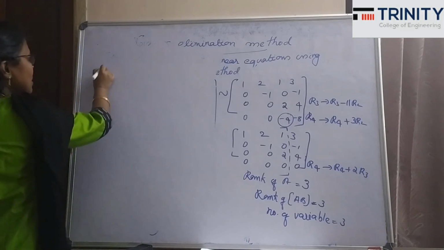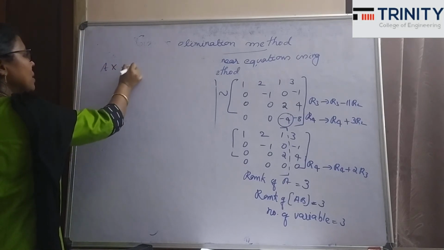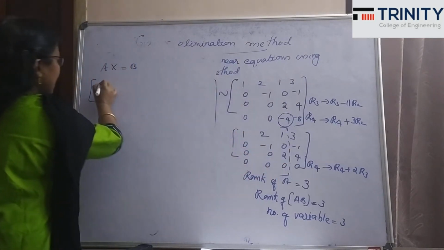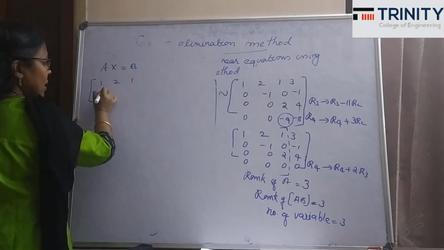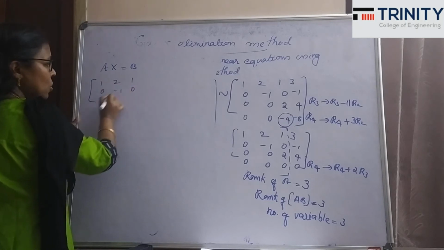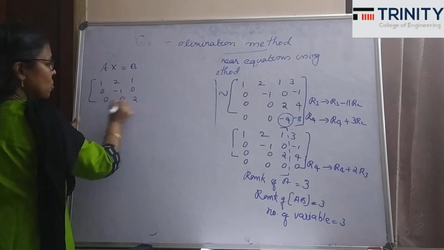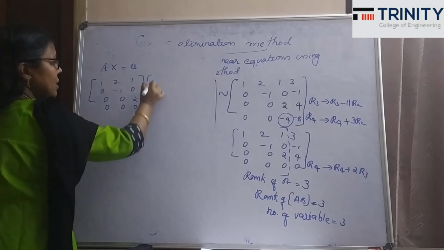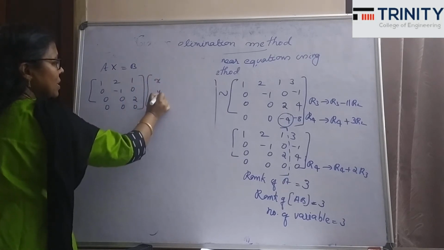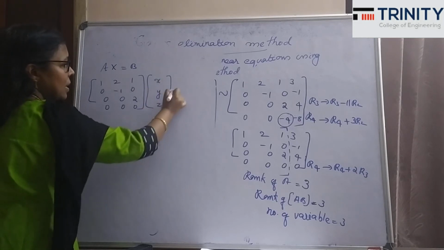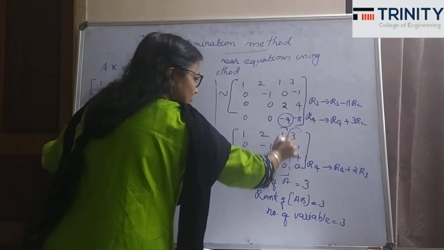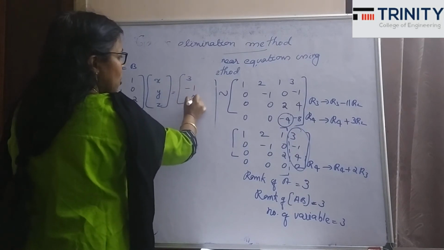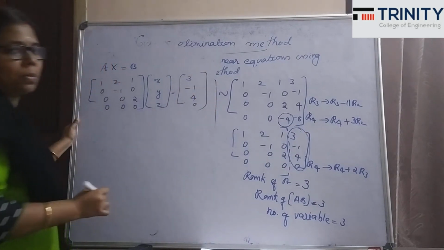Now the system of linear equations is of the form AX equals B. Here A is the matrix 1, 2, 1, 0, minus 1, 0, 0, 0, 2, 0, 0, 0. What is X? The variable matrix, that is X, Y, Z. B is this matrix 3, minus 1, 4, 0.